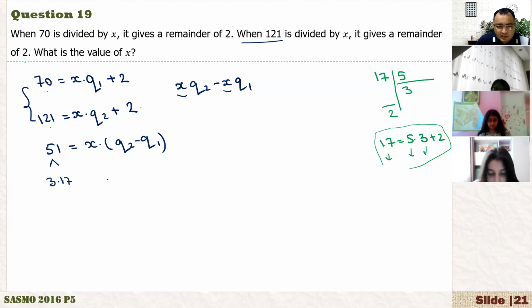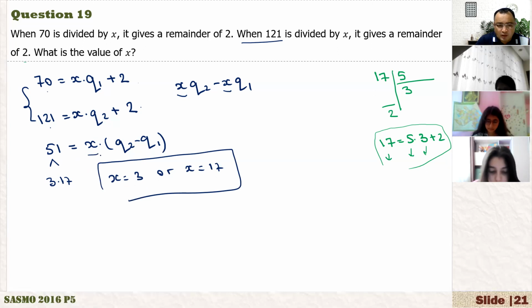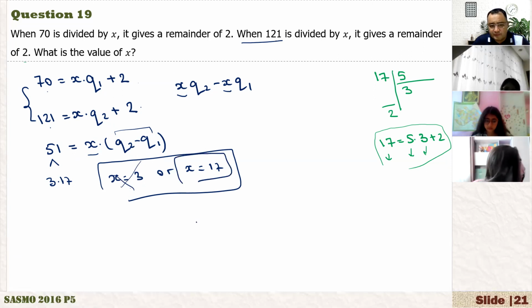Which means x is equal to 3 or x is equal to 17. We don't have any other possibility because x is a whole number, q2 and q1 are whole numbers, and x is not equal to 1. If you check x equal to 3, it does not work because if you divide 121 by 3, the remainder is 1. But if you divide it by 17, it works for both of them. So the answer is 17.